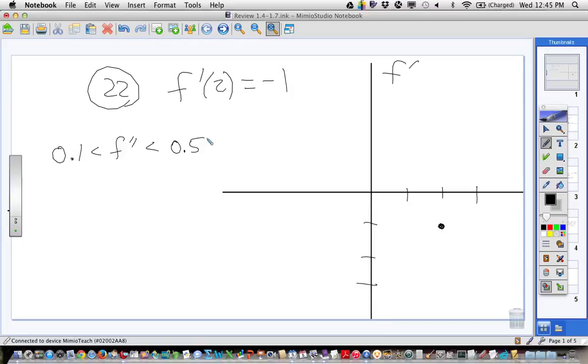They tell you something about the slope. Well, that's what they did right there. F double prime is a slope. And then they say something about some ending point. So they give you a starting point. They tell you how much you're going to go over, and they tell you the slope, which tells you how much you'll go up. Right? I mean, that's what slope is, rise over run. So that's basically a speed limit problem. Start here. Here's how much you can go over and up. Where are you going to end? That's really it.